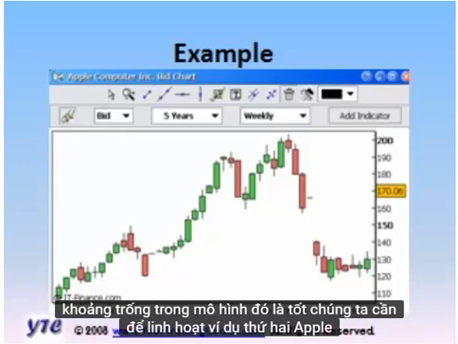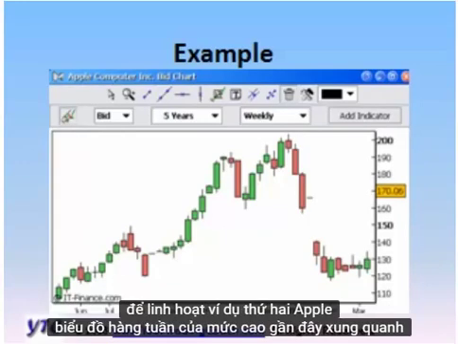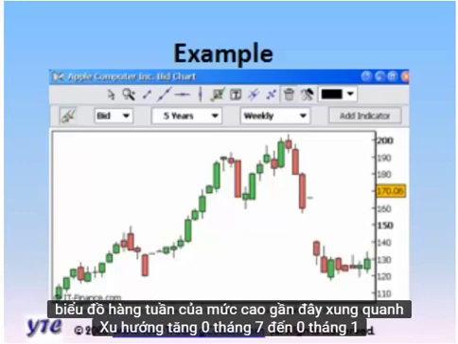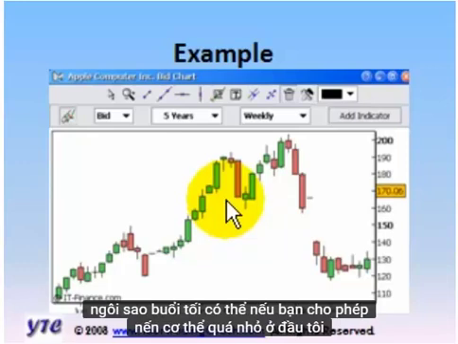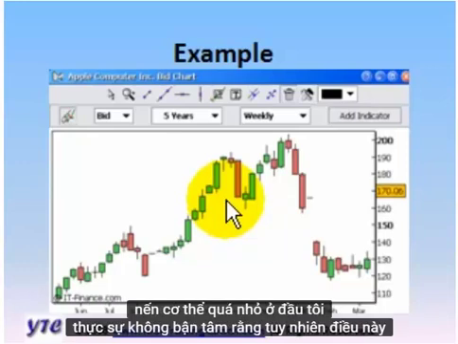Second example, Apple weekly chart of the recent highs around November 07 to January 08. Uptrend. Possible evening star if you allow for two small body candles at the top. I actually don't mind that.